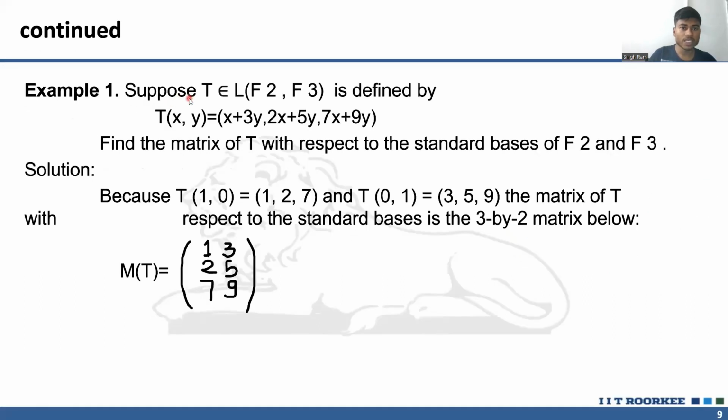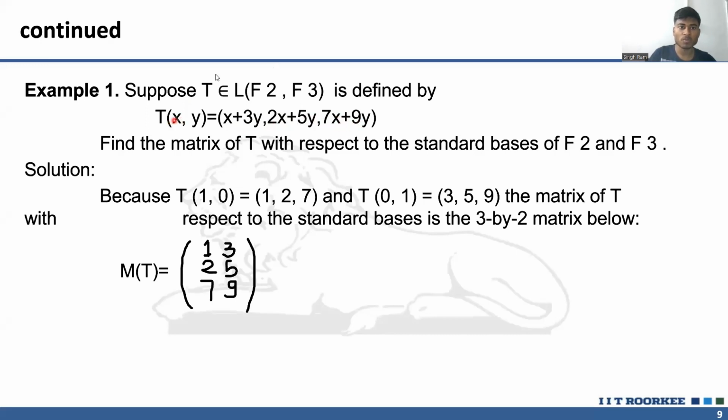Here we have taken an example of a transformation from R2 to R3, defined like this. We take a vector from R2, with two components x and y, and transform it into R3, where there are three components: the first is x plus 3y, the second is 2x plus 5y, and the third is 7x plus 9y.